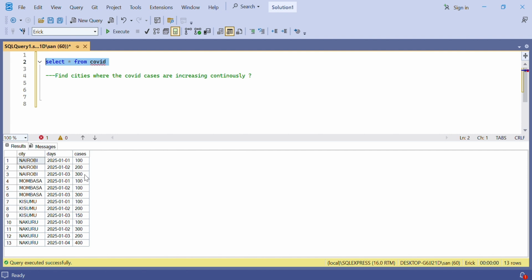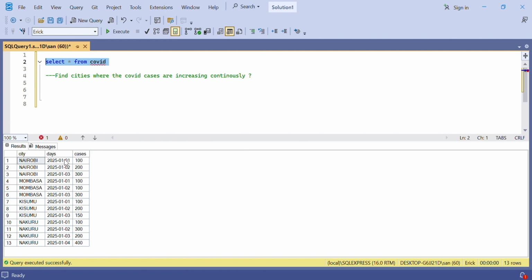For example, in Nairobi, on January 1, 2025, the cases were 100, and on January 2, 2025, the cases were 200, and then date 3 also shows an increment.